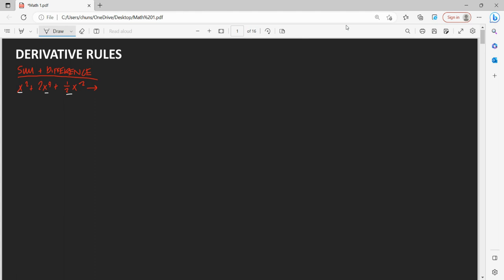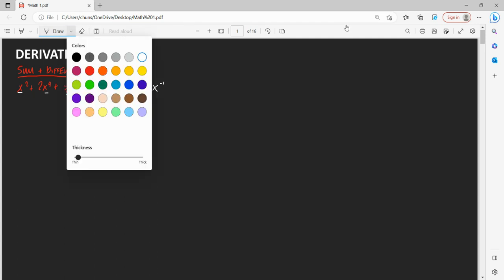But we already knew that, so that would be coefficient comes down, exponent reduces by 1, multiplied by the coefficient, so that would be 18x to the 8 plus, so then this is negative 2 over 2, so then that's saying minus 1x to the negative 1. Right, so that is our sum and difference rule.